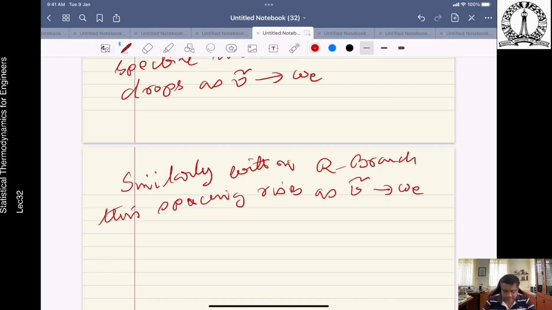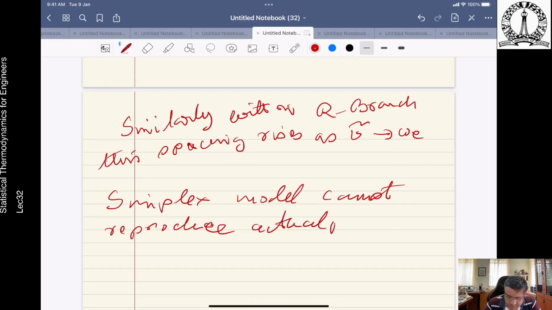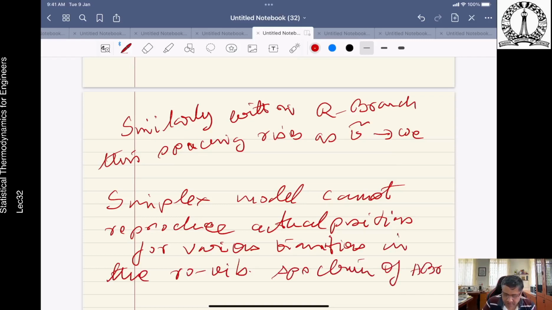So the simplex model cannot reproduce the actual positions for various transitions in the Ro-vibrational spectrum of HBr.